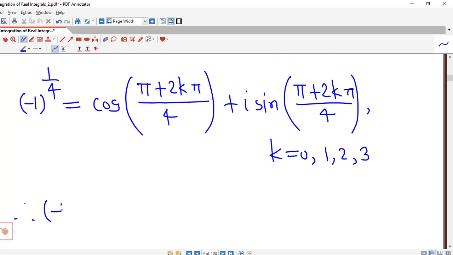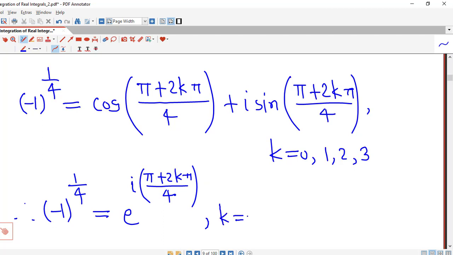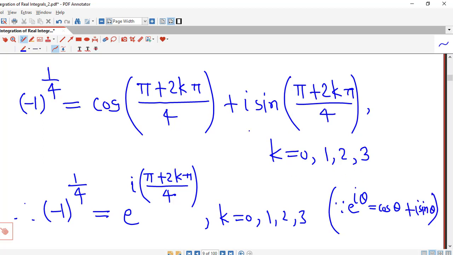Therefore minus 1 raised to 1 by 4 will be equal to, I can rewrite this as e raised to i times (pi plus 2k pi) divided by 4, using Euler's formula, with k from 0, 1, 2 up to 3. We know that e raised to i theta is nothing but cos theta plus i sin theta, so I am using this formula here.